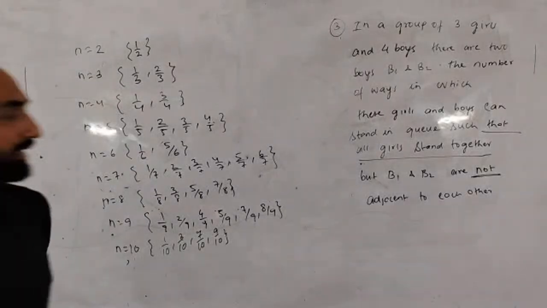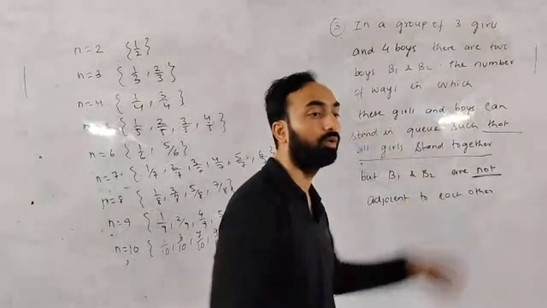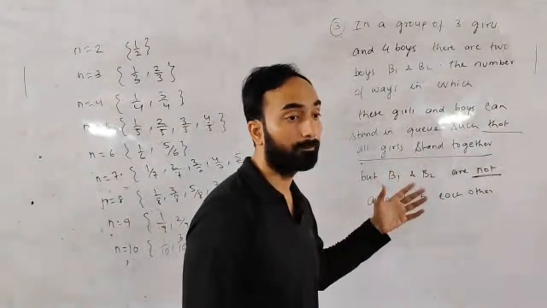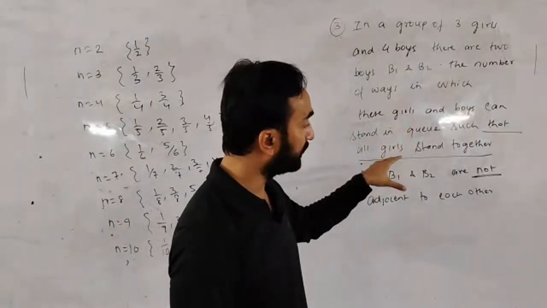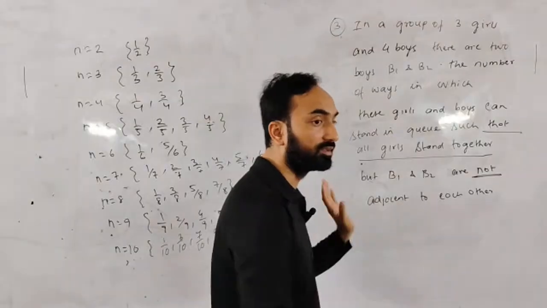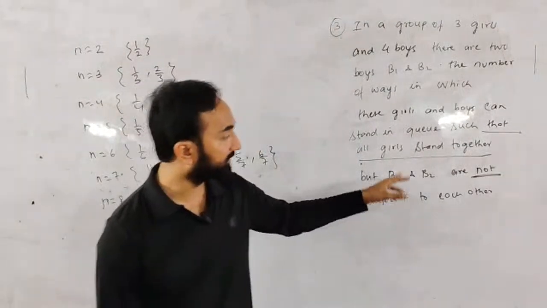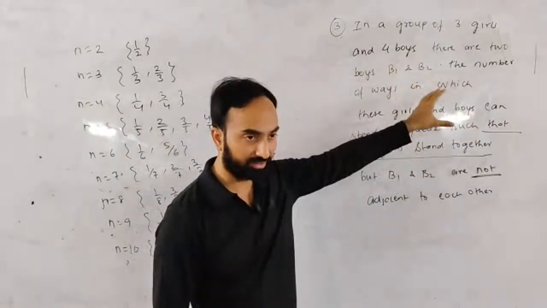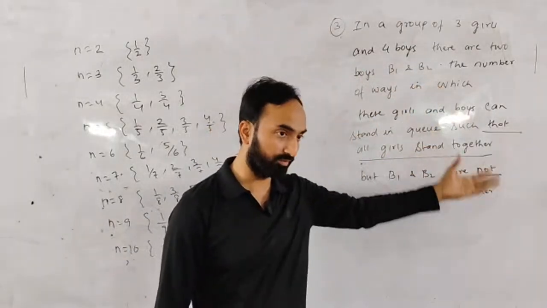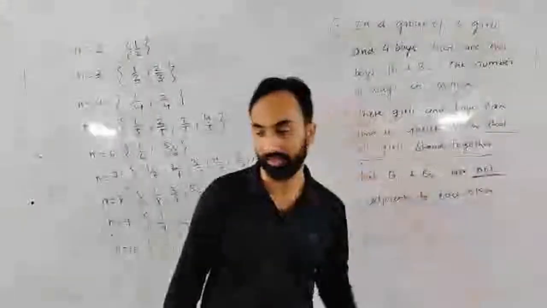So now see, instead of finding the conditions in which B1 and B2 cannot stand together, we can find the total ways minus all those ways in which B1 and B2 are together, correct?